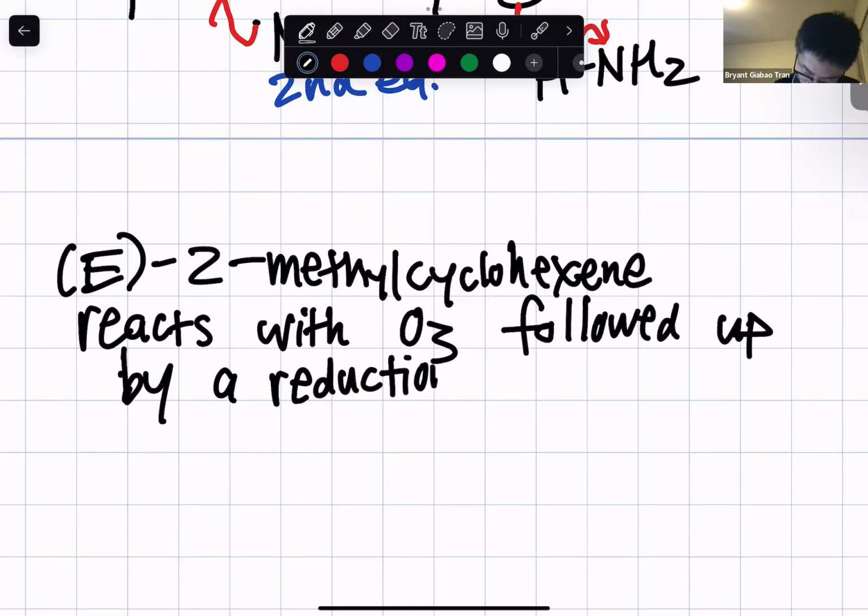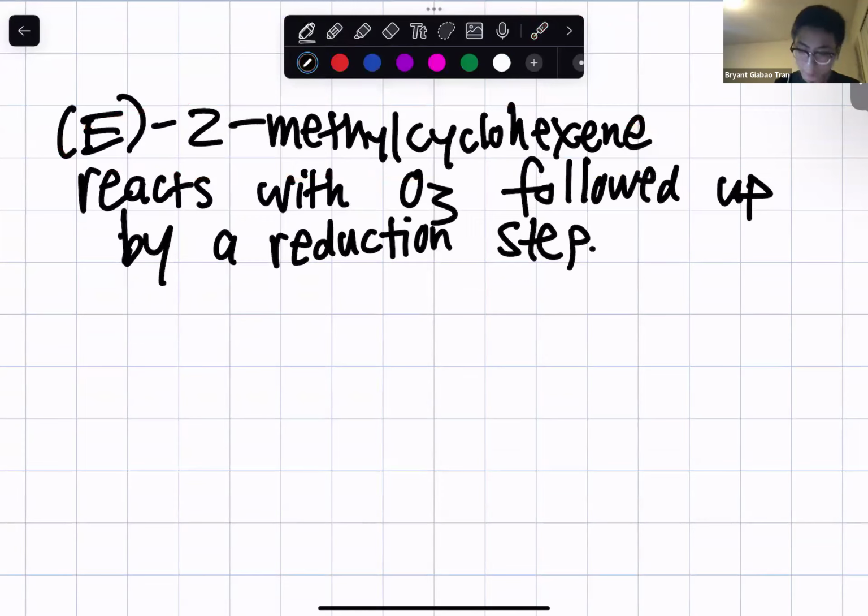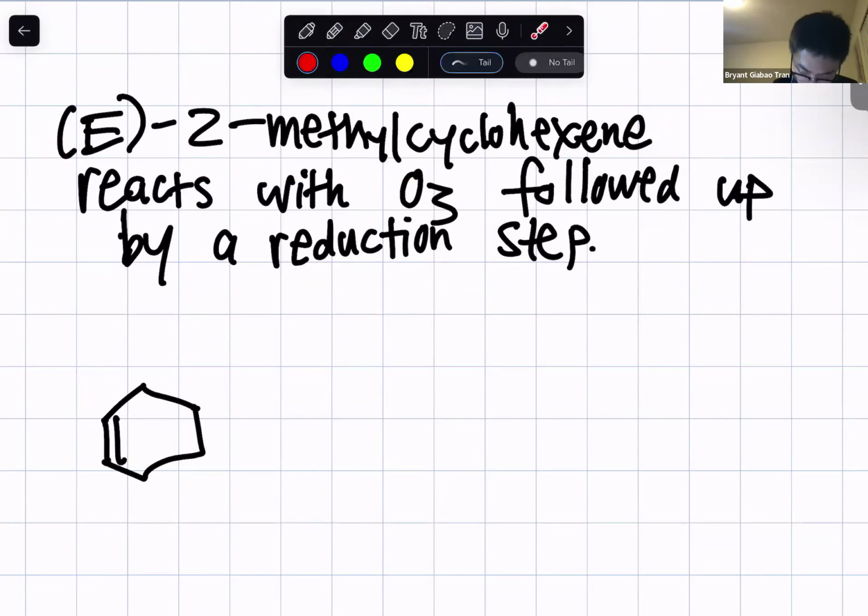The first thing I would do is draw out the structure that he gives you and treat it like a predicted product problem, where this structure here, the cyclohexene, is that six-membered ring, and we have an alkene somewhere where the 1 in the alkene is optional because it's in a ring.